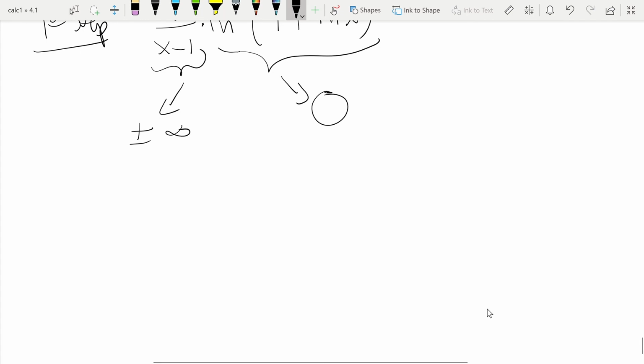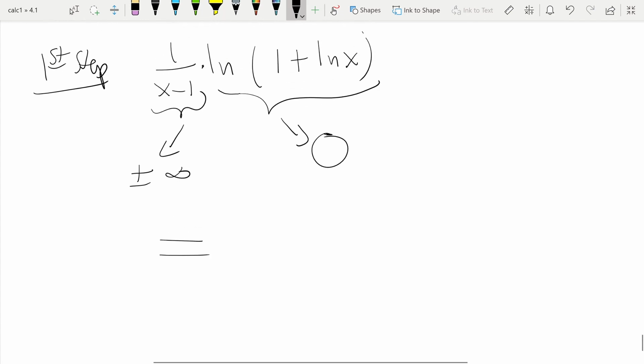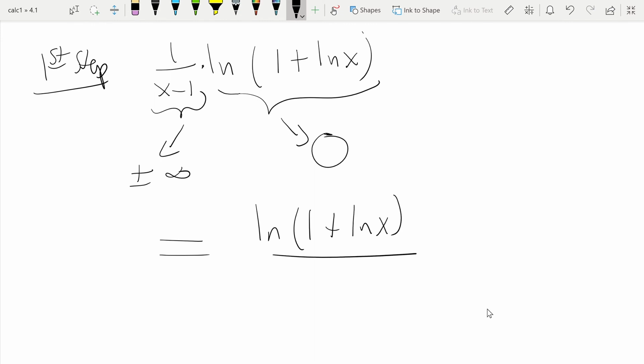In this case, the expression is already given in a suitable way, because if you multiply the natural log of 1 plus natural log of x by 1 over x minus 1 and write this as a fraction, with the top and the bottom, both go to 0.